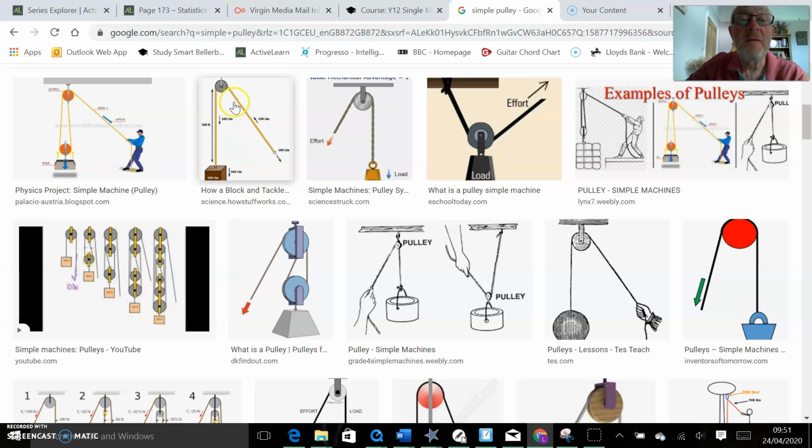We're only going to look at the very simple case where we have a fixed pulley like this, fixed to a ceiling, and then a string that goes over the top of the pulley. What will happen is, we pull the string on one side and the load lifts on the other side.